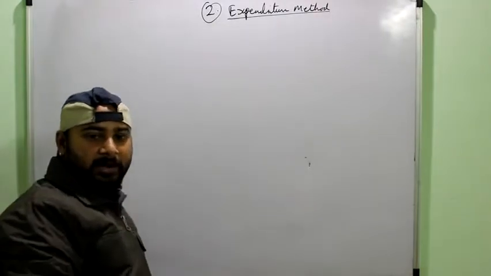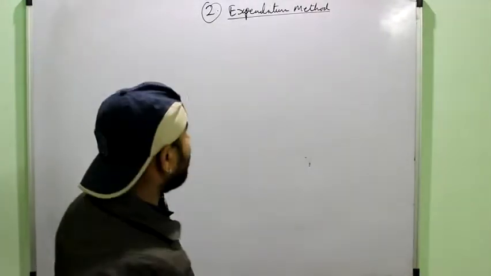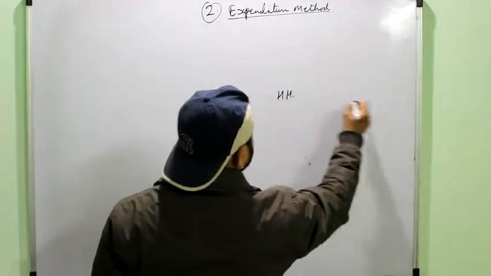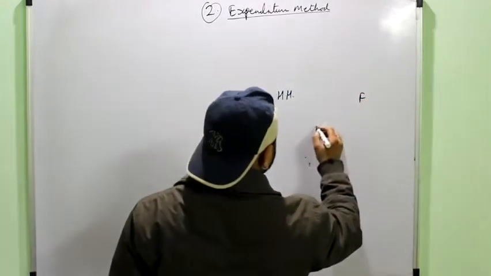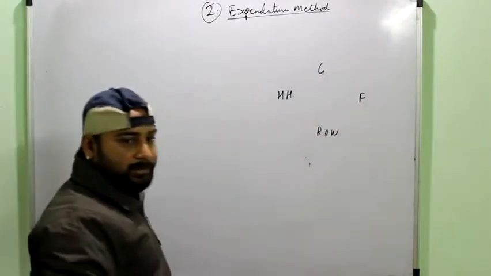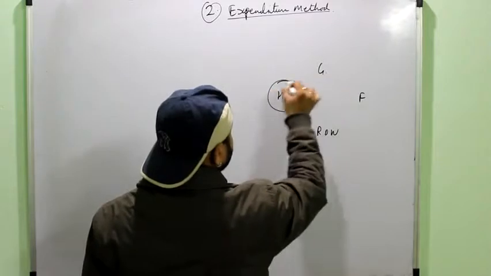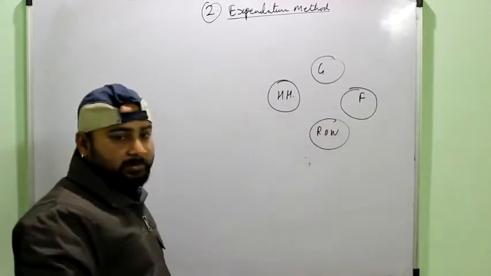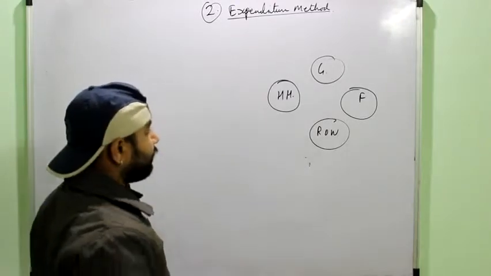It means now we have to add all the expenditures of the economy. Remember this circular flow: household, firm, rest of the world and government. It means we'll add the expenditure of all the four sectors, then we'll get the national income through the expenditure method.